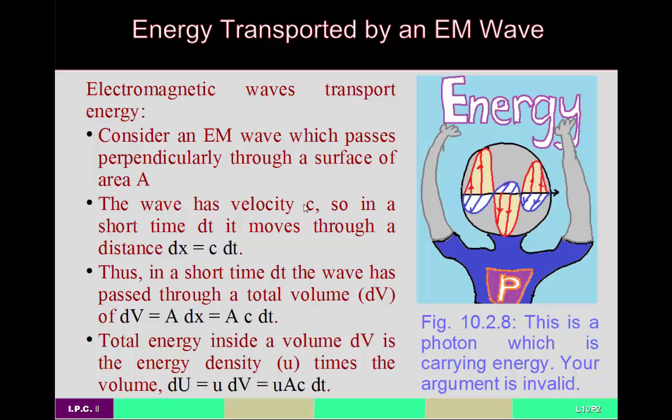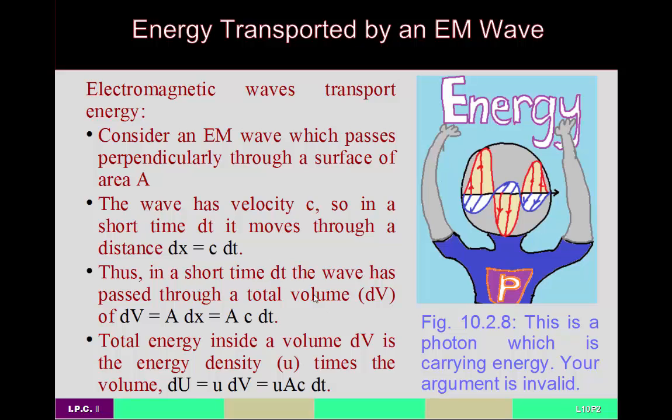That's the speed of electromagnetic radiation, 2.9979 etc. times 10 to the 8 meters per second. So if you want to know how far the wave travels in an amount of time t, you'd multiply the speed c times t. If you want to consider that over a very short time dt, then you get a distance dx equals c dt.